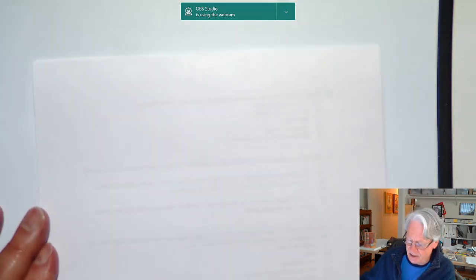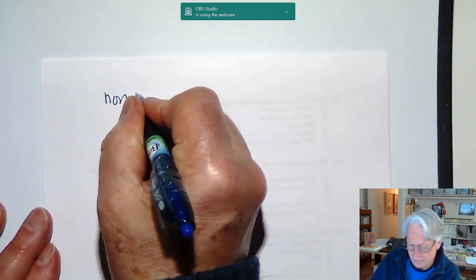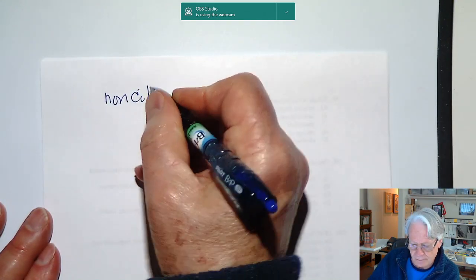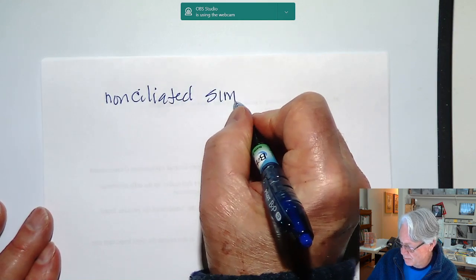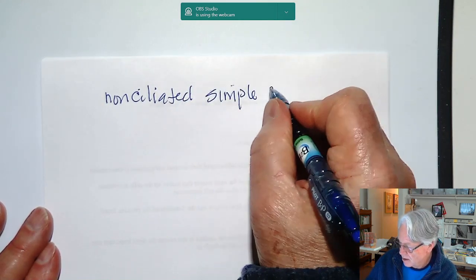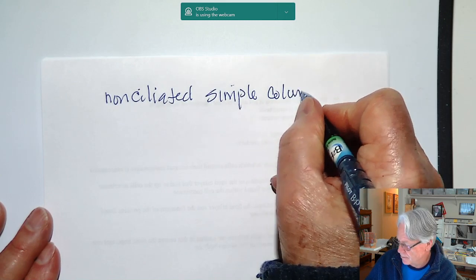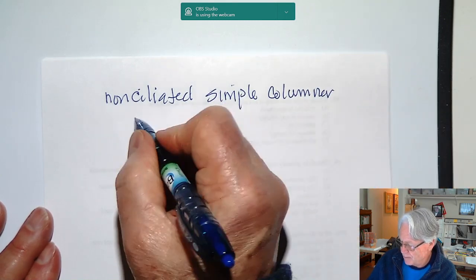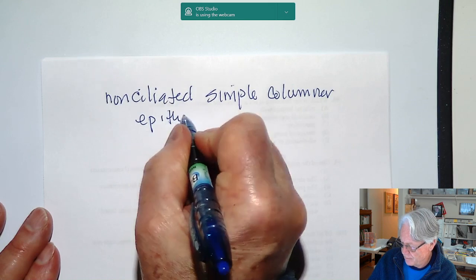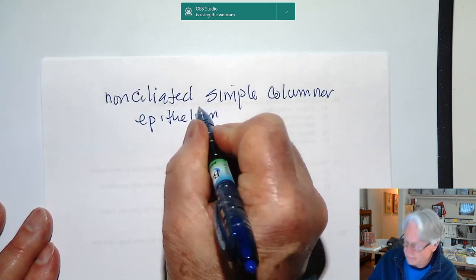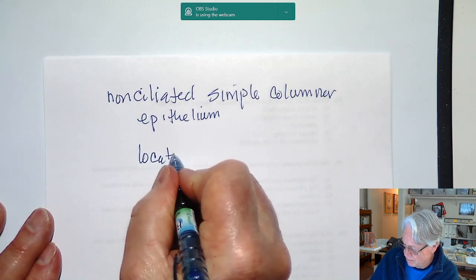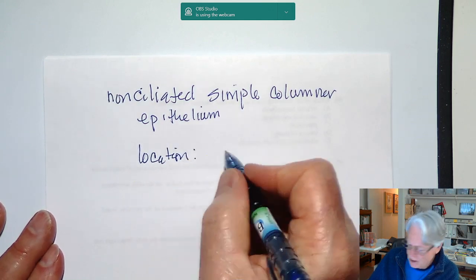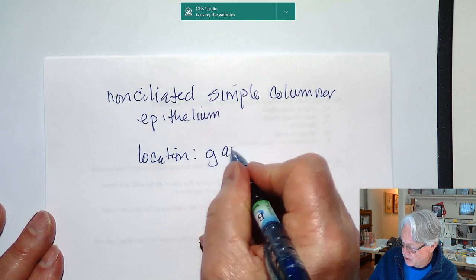Let's take a look at non-ciliated simple columnar epithelium. Let's talk location. Gastrointestinal tract.